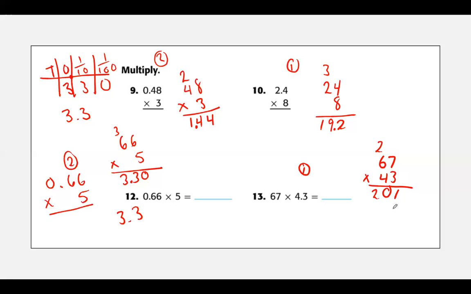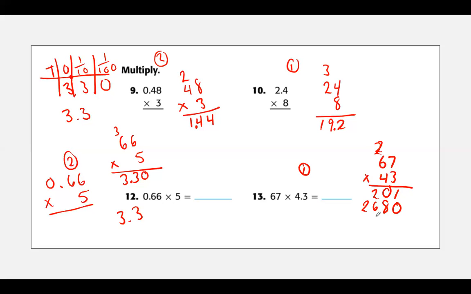Now, don't forget your placeholder, you need your 0 there. Now, 4 times 7 is, ready? Do you know it? 28. 4 times 6 is 24 plus 2 is 26.